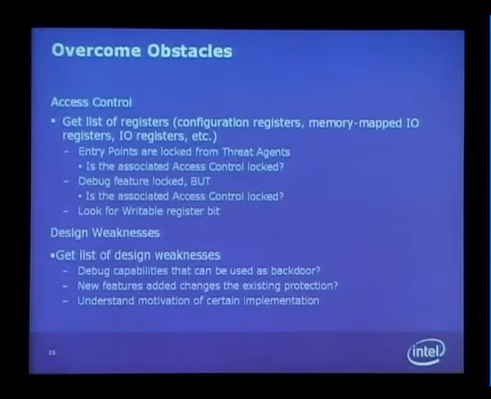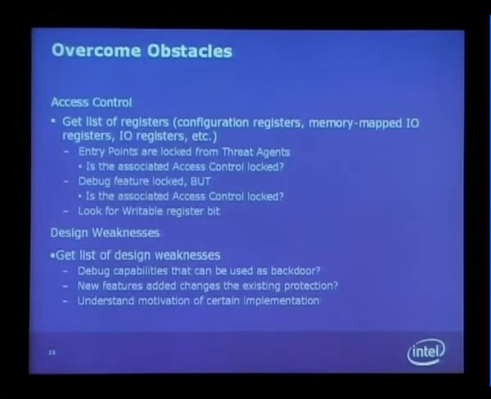The next thing we want to look at is the debug feature. Most of the time, debug features are not available in production. But again, for a debug feature, the design usually implements lots of registers to enable it. There are multiple steps to enable a debug feature. So we want to look at those registers.